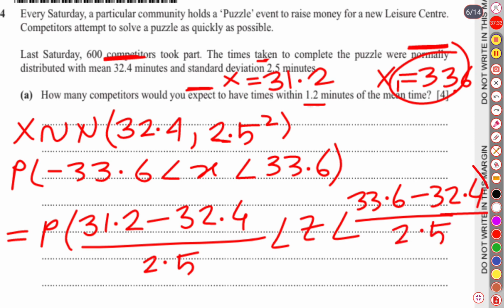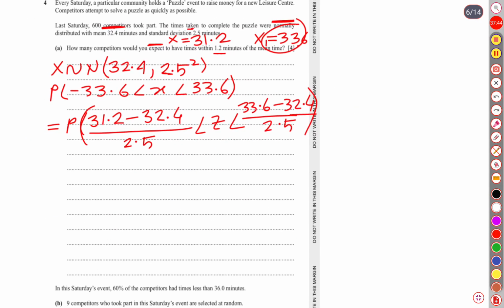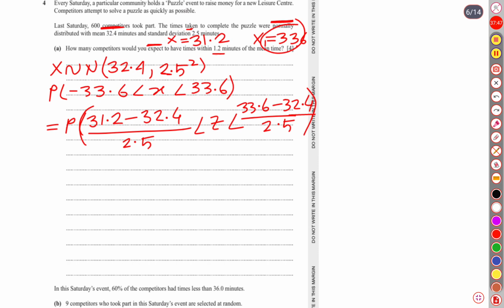Okay, then if we calculate using our calculator, from 32.4 if we subtract 31.2 and divide by 2.5, it is actually negative, so probability of negative 0.48 until positive 0.48.